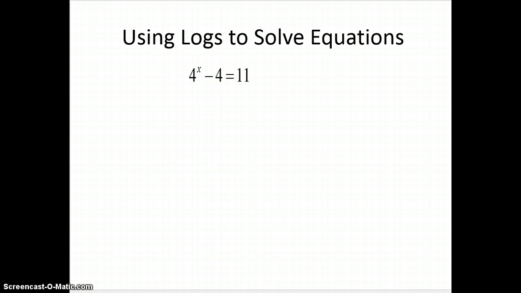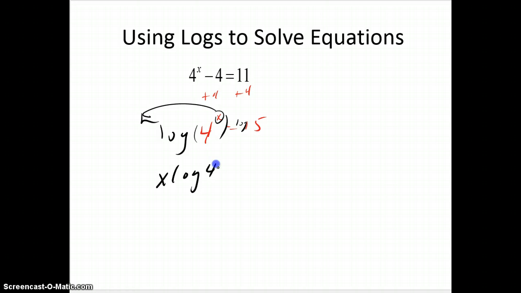We can solve a similar problem. We can just add 4 to both sides. Okay, so we want to isolate the number that's being raised to the power, and that equals 15, and we do a similar process to what we did on the last one. We do the log of both sides, and when we do, we can take that x and move it out front.